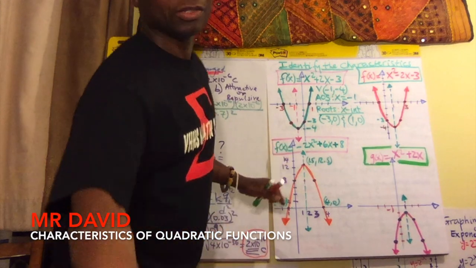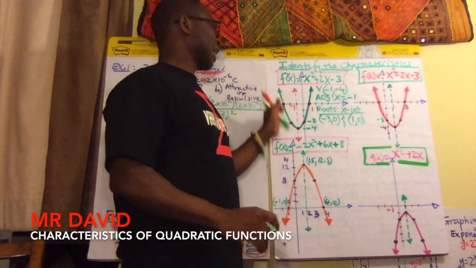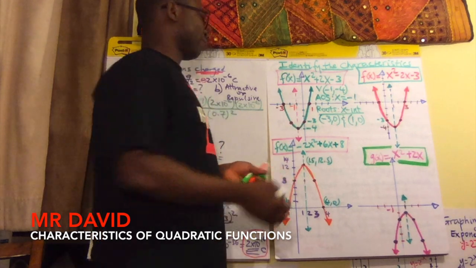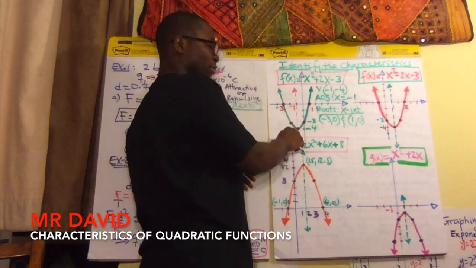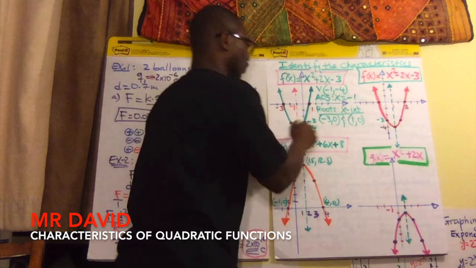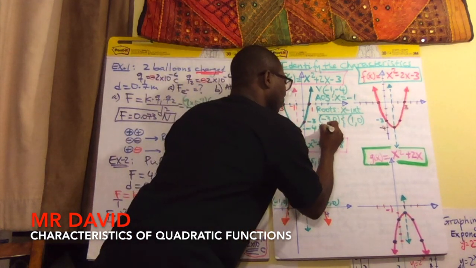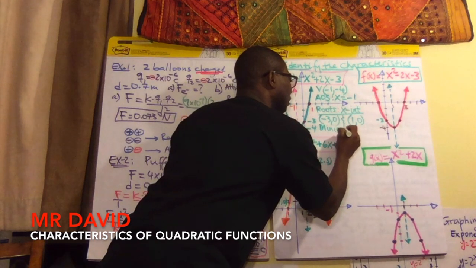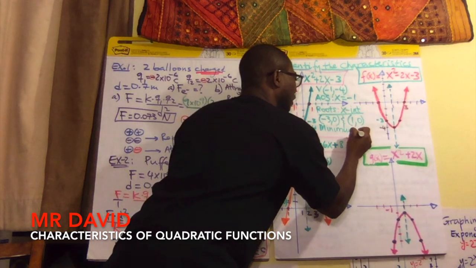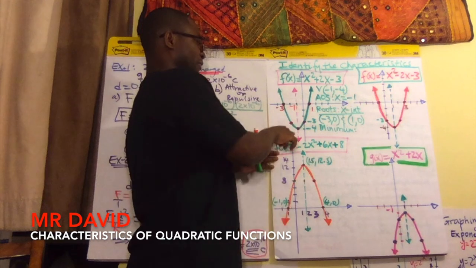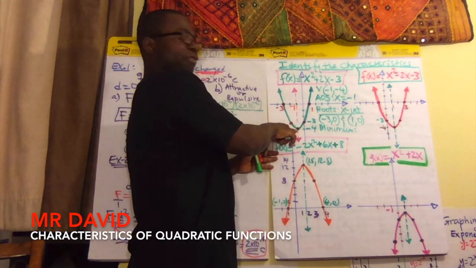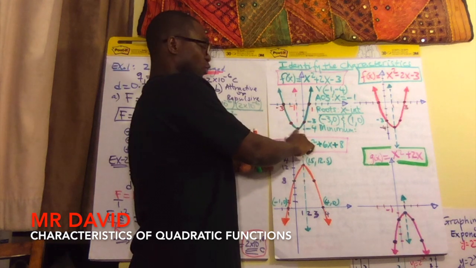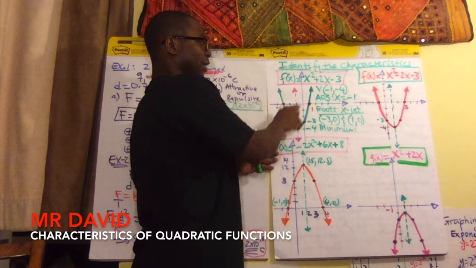Since this is a happy face, do we have a minimum or a maximum? If it's a happy face, we have a minimum, the lowest point. What is the minimum? It's the y value of your vertex.